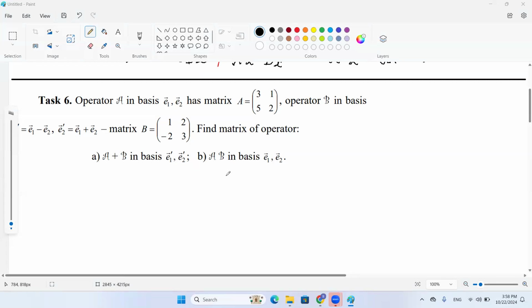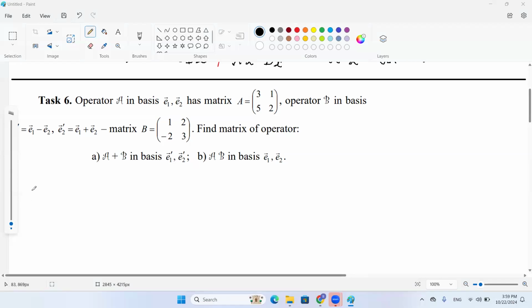And what about B? Do we have to do anything with this matrix or not? We don't have to do anything because it's already in our E prime basis. Correct, because it is in the prime basis. So let's do it for A only.